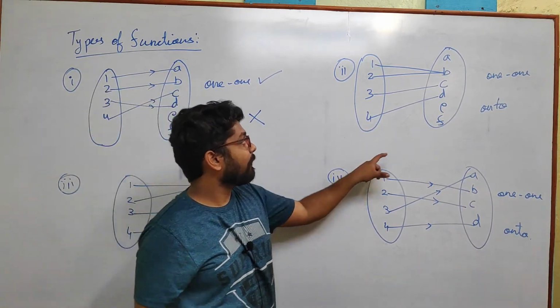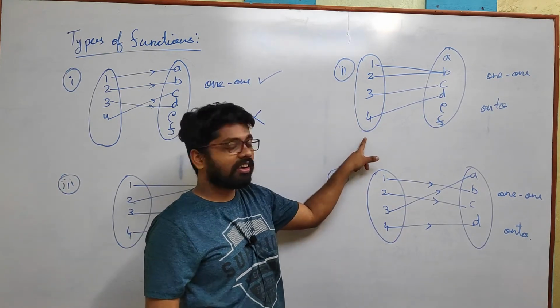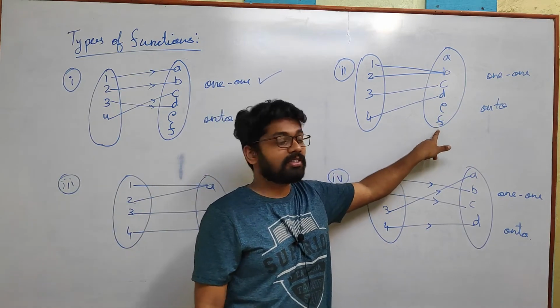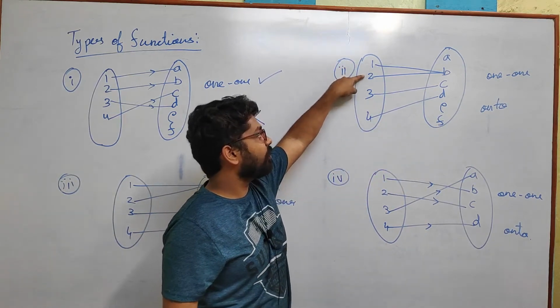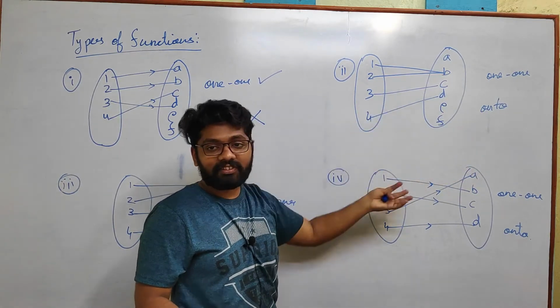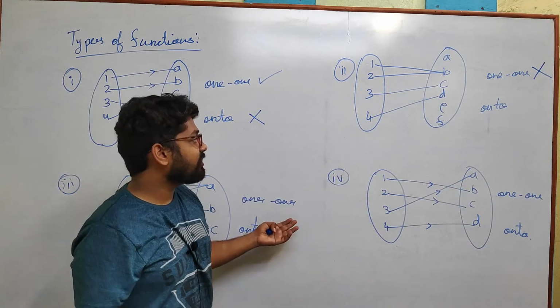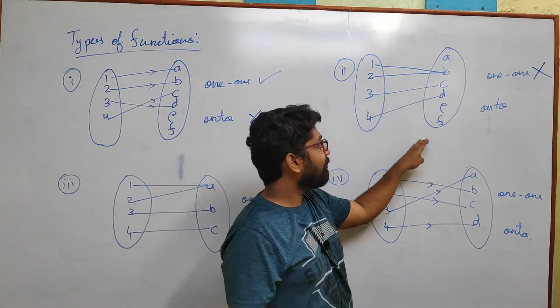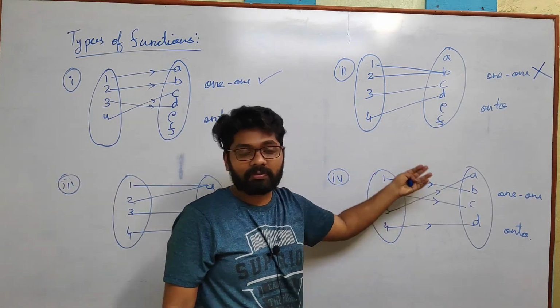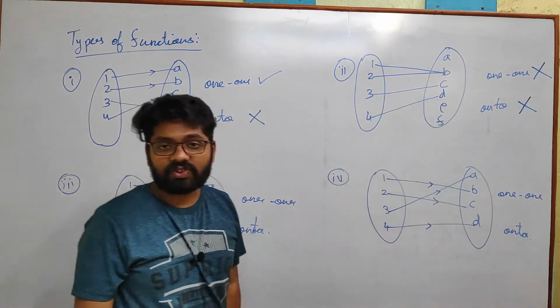The next one, see here: every element of set 1, the domain, should have only one image, but here 1 and 2 have the same image B, which makes it a many-one function. So this is not a one-one function. When you check for onto, every element of set Y should be mapped, but E and F are not mapped, so this is not an onto function either.